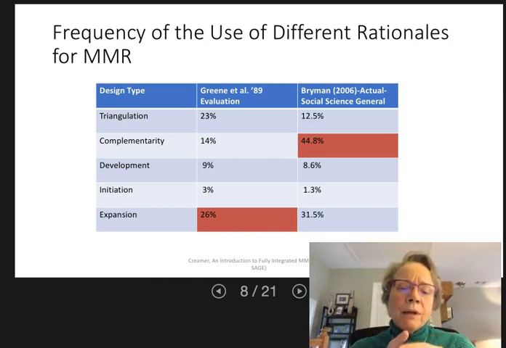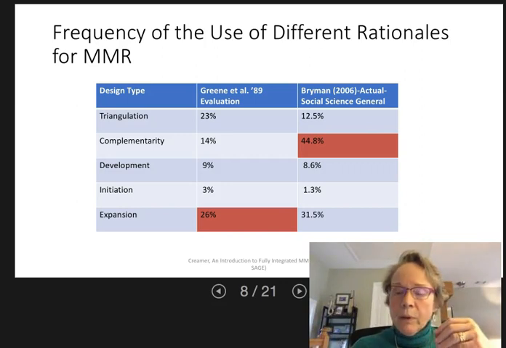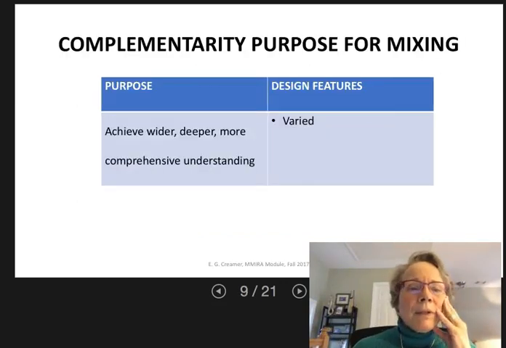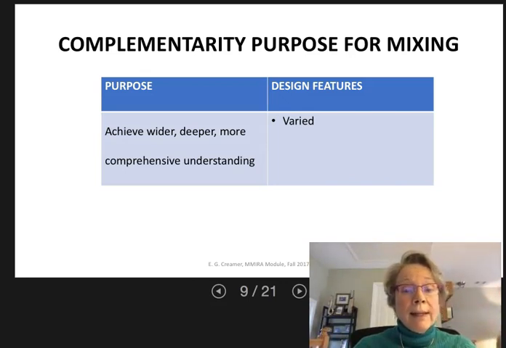That complementarity label really communicates that purpose. So let me talk just a little bit about the complementarity purpose for mixing. I mentioned that it's to achieve wider, deeper, more comprehensive understanding. That's sort of the key language. It has no specific design features. It could be sequential or concurrent.